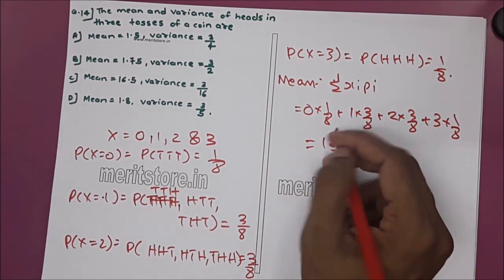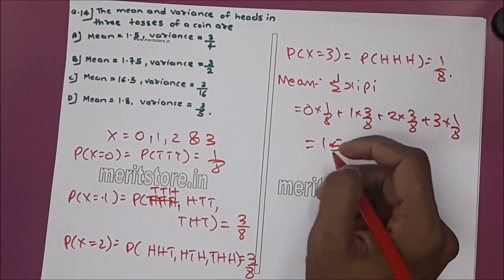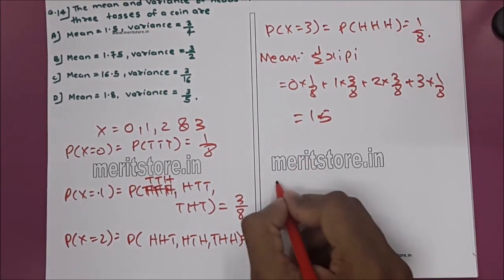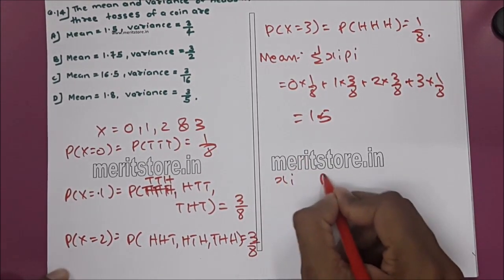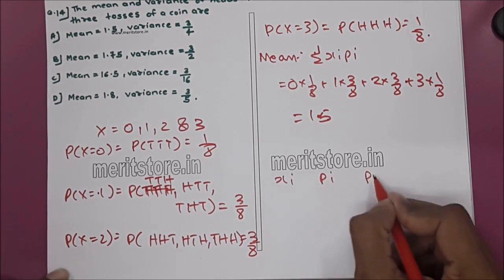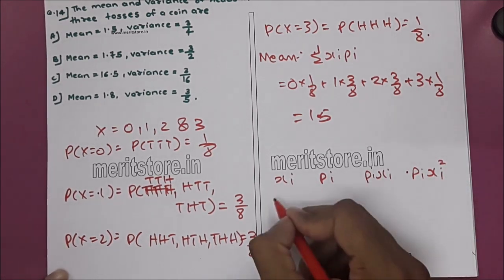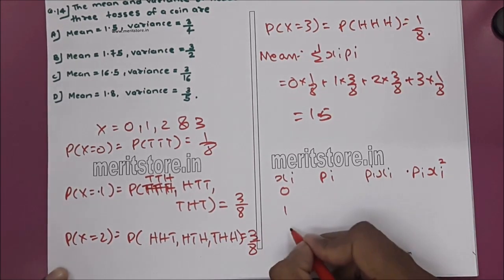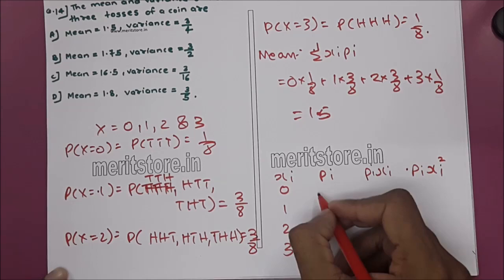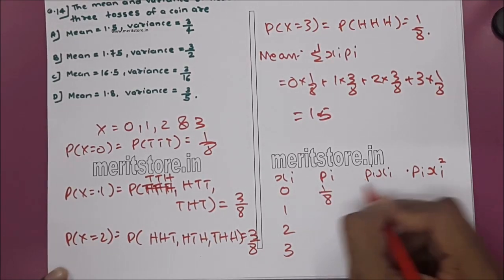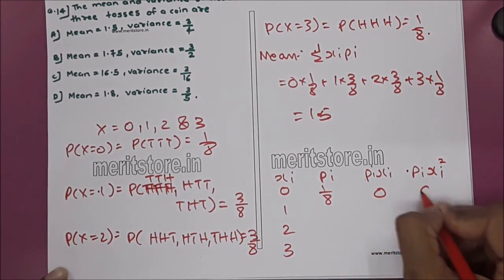So we make a distribution table, that is xi, pi, pi xi, and pi xi square. We get 0, 1, 2 and 3. For pi it is 1 by 8, and for pi into xi it is 0, and for this it is also 0.